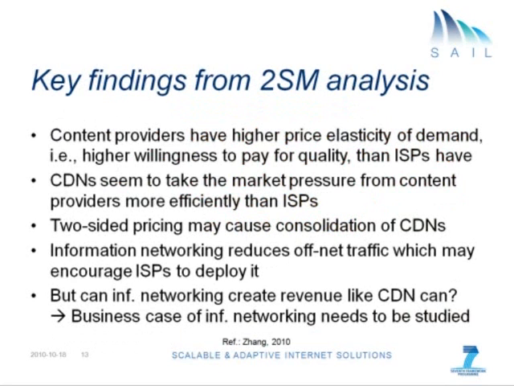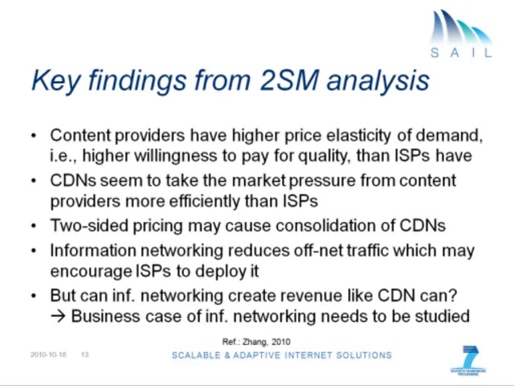So now the key findings from two-sided market analysis and also the value network analysis. The first one was that content providers have higher willingness to pay for quality than ISPs have, which leads in the CDN model to CDNs charging higher prices and getting their revenue from content providers, not from ISPs.